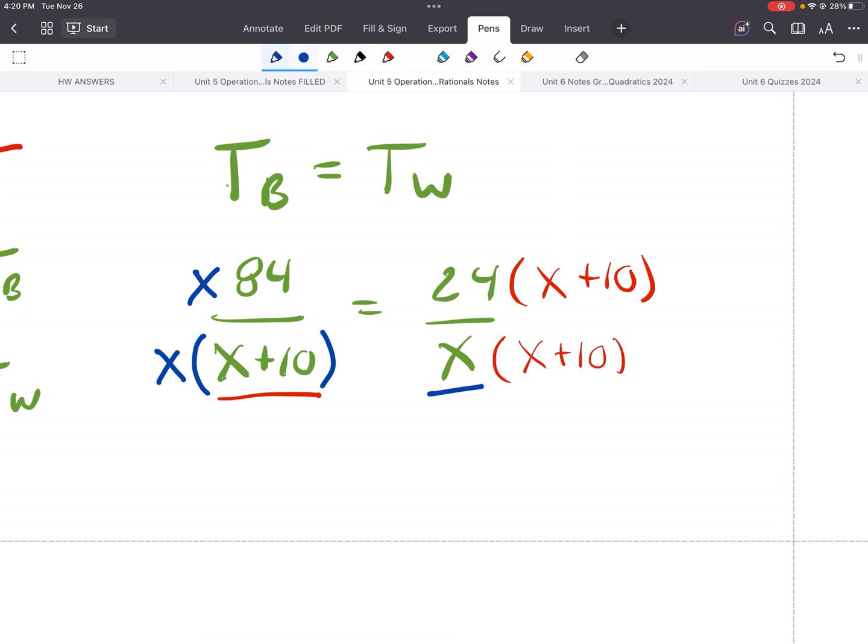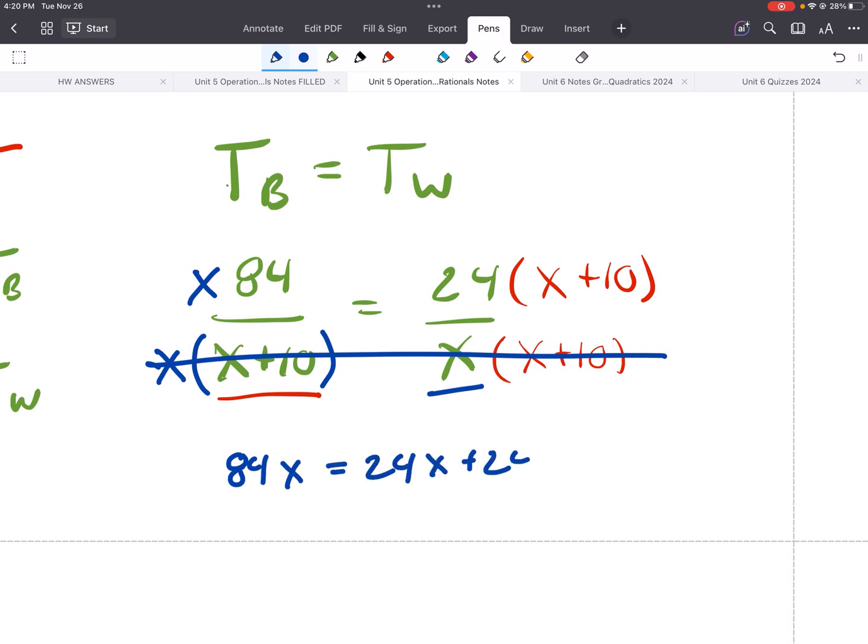Okay, so again, if it's an equation, we could multiply both sides by the denominator and cancel them all out since they're the same. Okay, so those will end up being gone. So we'll get 84x is equal to 24x plus 240.